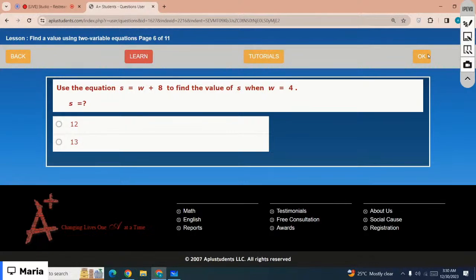Yes, the correct option is very good. The correct option is 12.